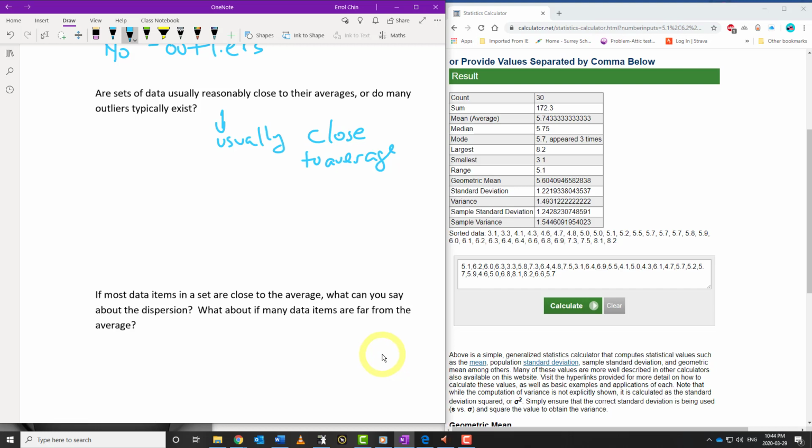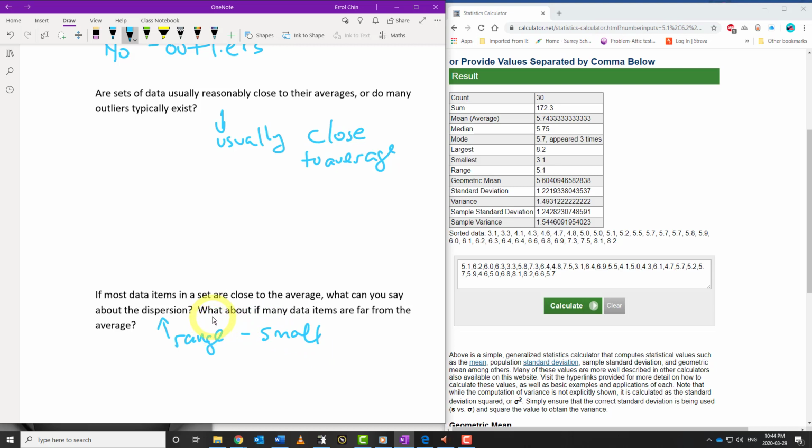Okay? It says here, if most data items in your set are close to the average, what can you say about the dispersion, meaning the range of numbers? Well, if the data set is close to the average, the range is small because all the numbers are close to the average. That means the biggest number compared to the smallest number, if everybody's close to the average, then the difference is very small.